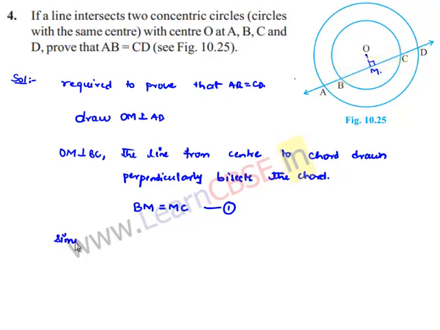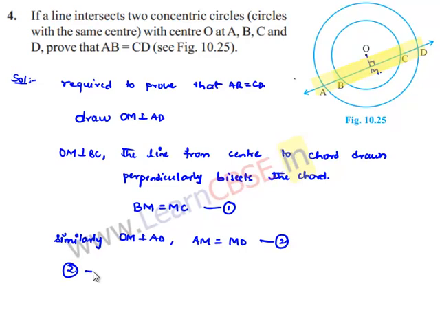Similarly, if we consider that OM is perpendicular to AD, then it divides the segment AD into two equal halves, that is AM is equal to MD. Let it be as equation number 2.